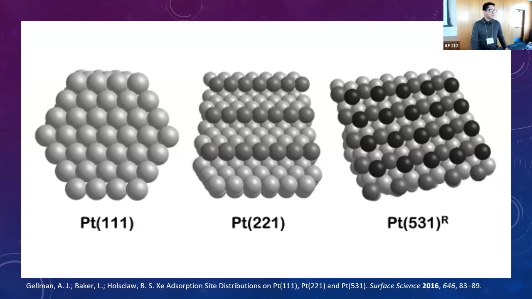And the step site surface, which is 221, would be more likely to break the CO bonds in the methanol because they're more stable. But on platinum, research has shown that it's actually the opposite. Platinum 111 is more likely to break the CO bonds, whereas platinum 221 is more likely to break the CH bonds. And we don't exactly know why.